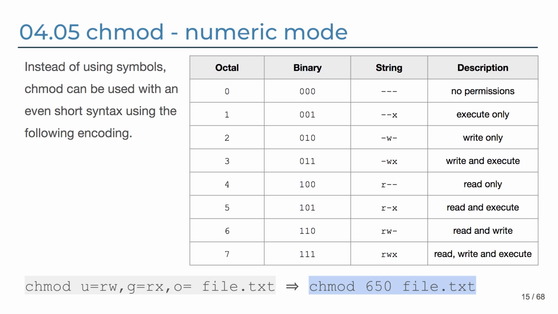So this could be something along the lines of: you have deployed a web server. This web server runs with one group, and it wants to execute a code file. But you yourself are working on this file, and you don't want to execute it or screw it up, and you want to feed it into this process. So then you could use, for example, 650 permissions.